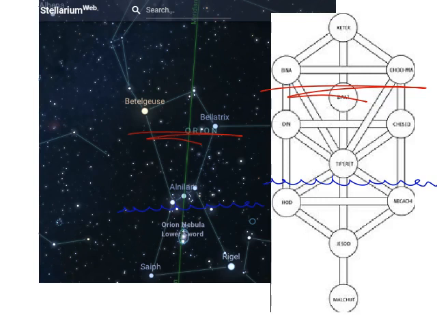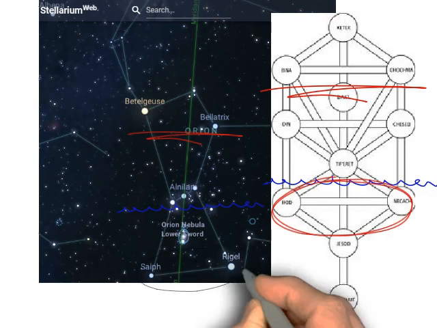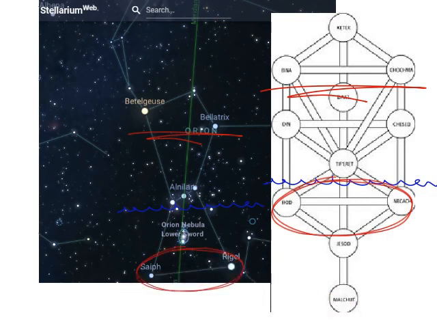And then Mintaka is the third belt star, meaning belt. The next 2 Sephiroth on the Tree of Life correspond to the 2 feet stars of Orion. The first on the left side, Saiph, in Arabic meaning sword of the giant. We'll get to that in a minute. And on the right side, Rigel, in Arabic meaning the left leg of the giant.